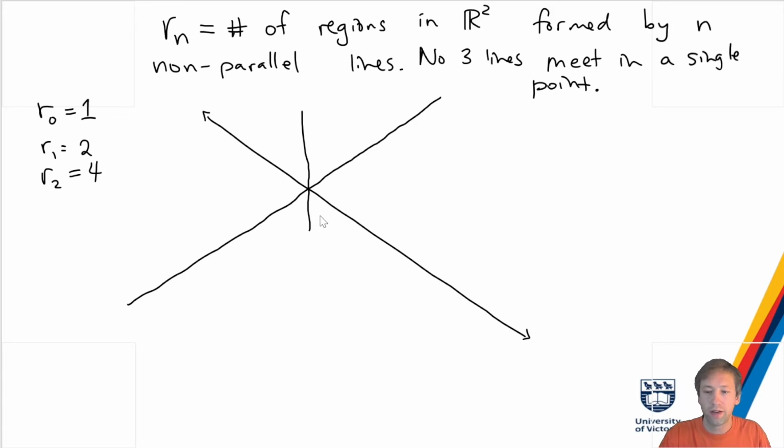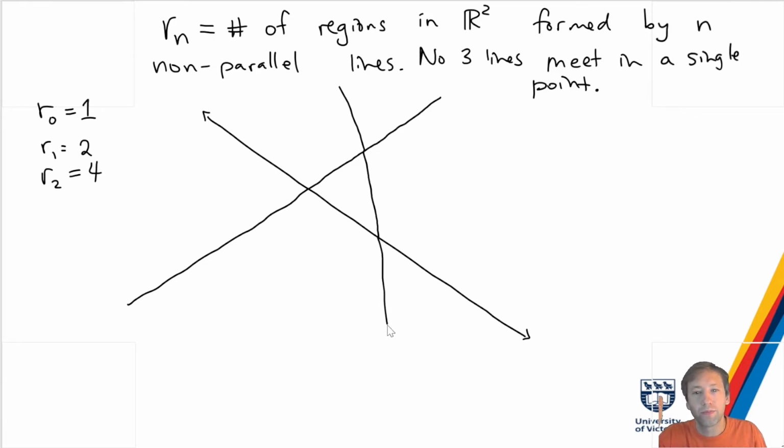It must cross this line somewhere, and it must cross the other line in some unique point. When it crosses the first line, that creates a new region. When it crosses the second line, that creates a new region. And then when it goes off to infinity, that creates a third region.